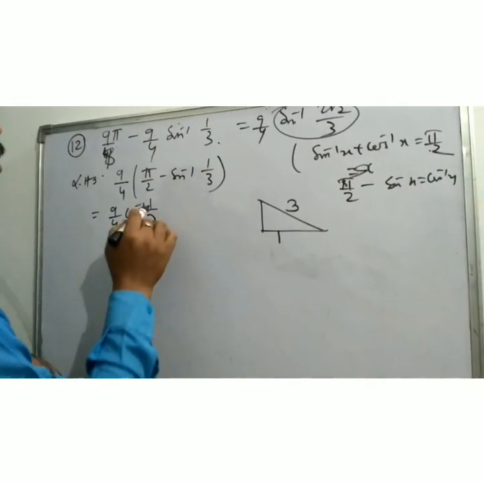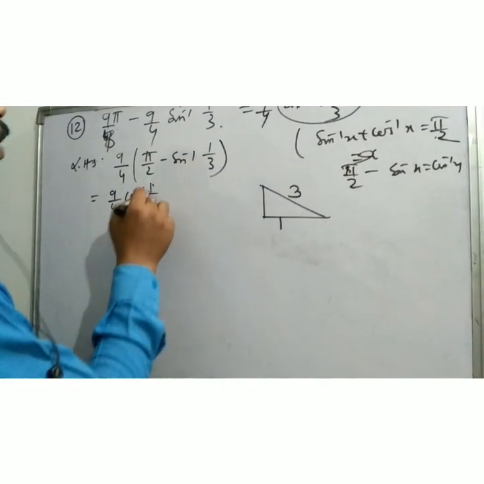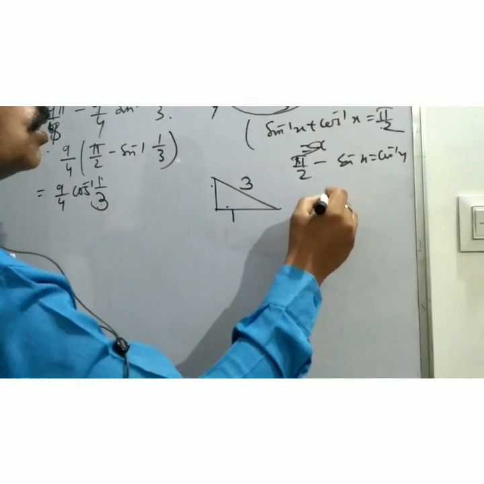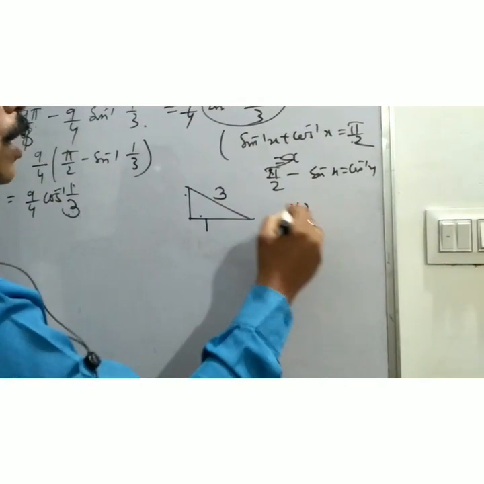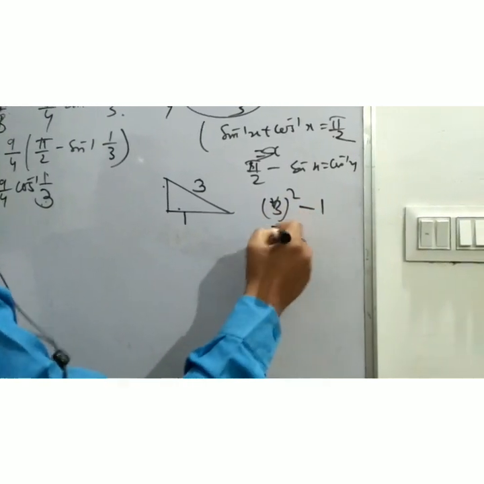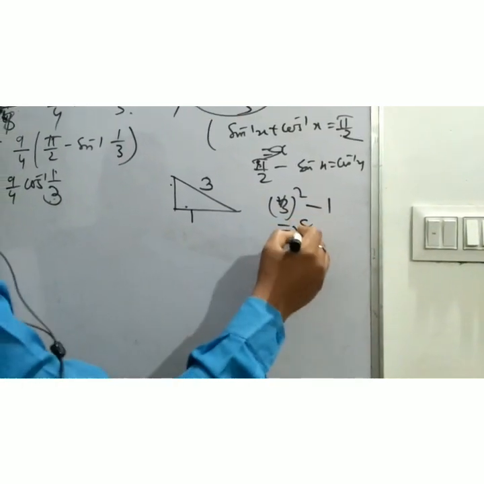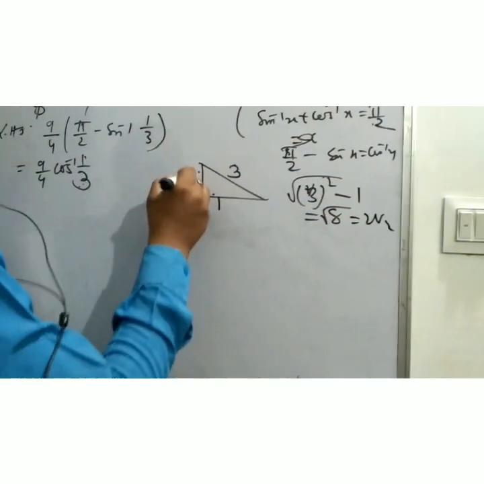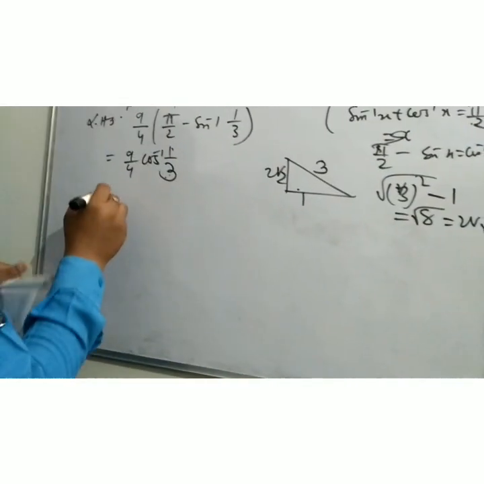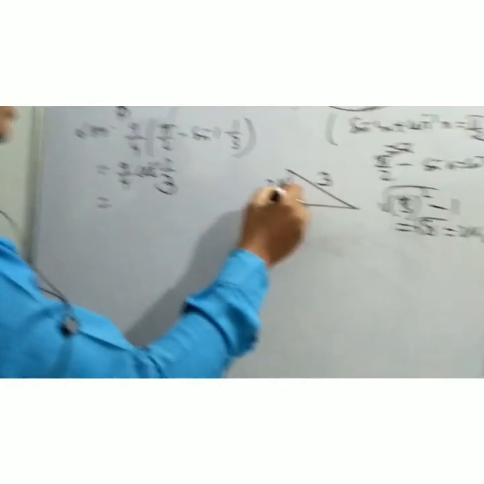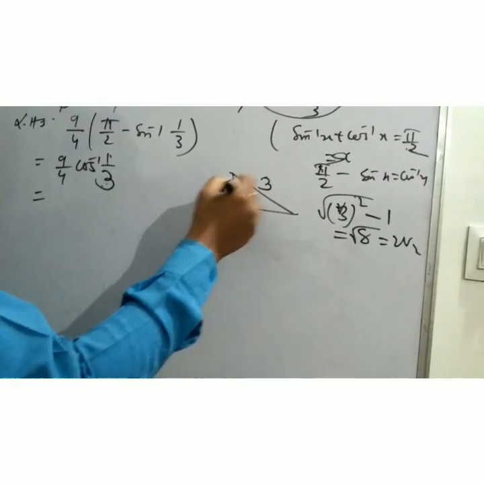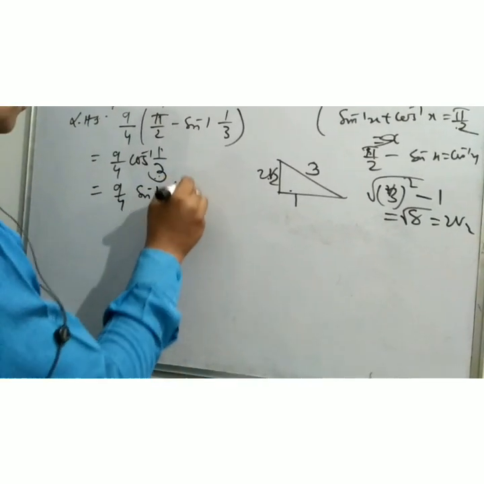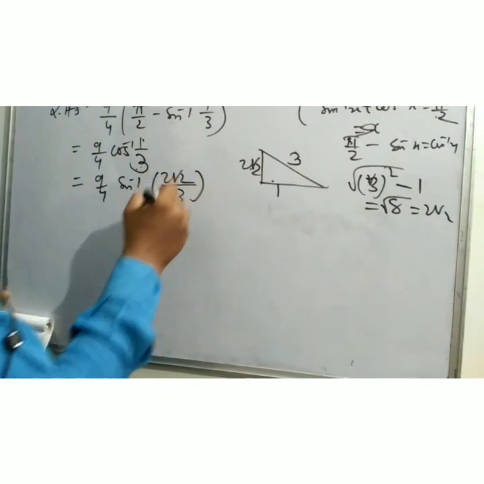The hypotenuse will be 3, so the base is 1 and the perpendicular is root of 3 square minus 1, that is root 8, which is equal to 2 root 2. Then sine is p by h, so it will be 9 by 4 sine inverse 2 root 2 by 3.